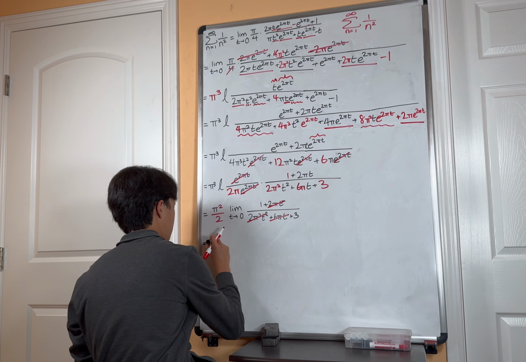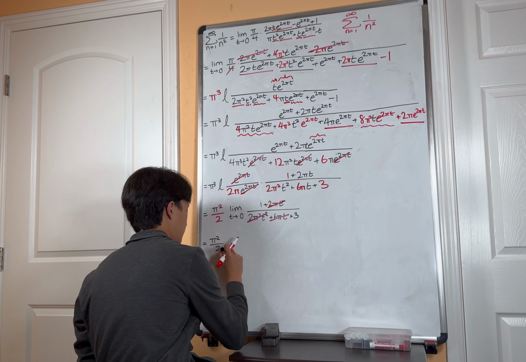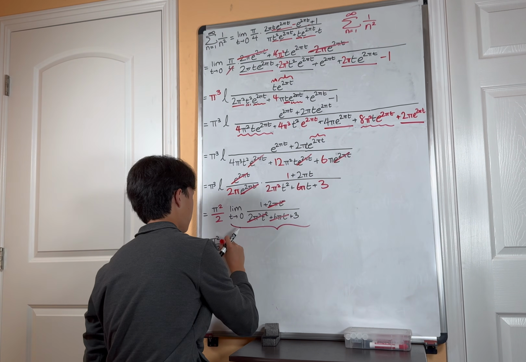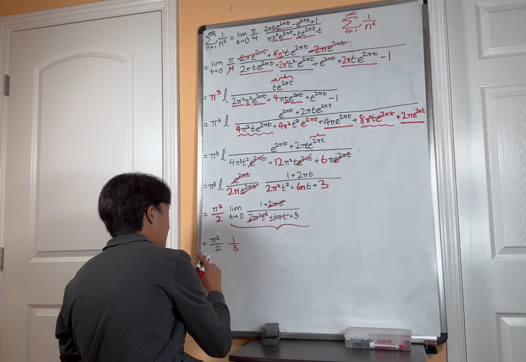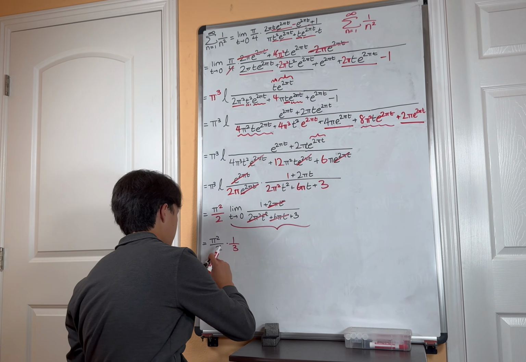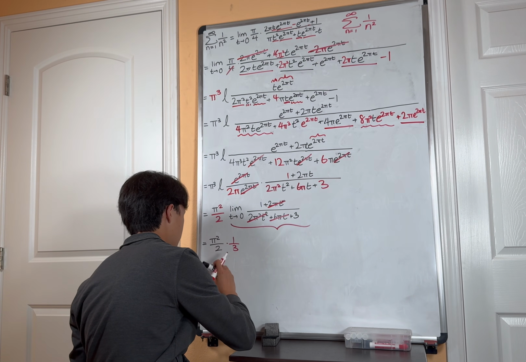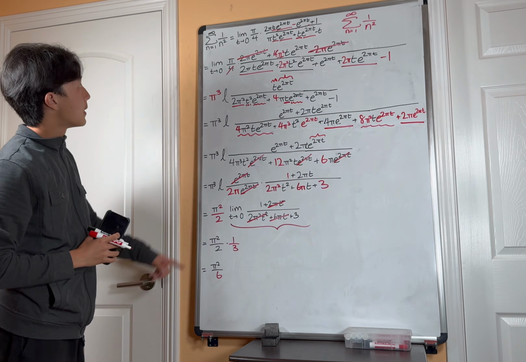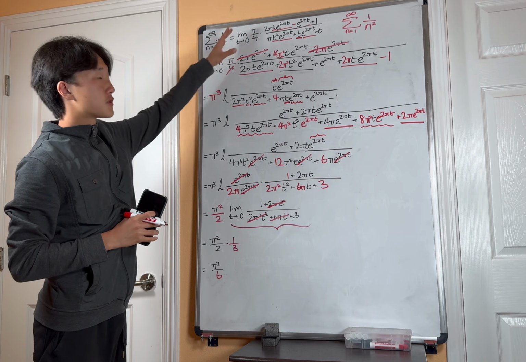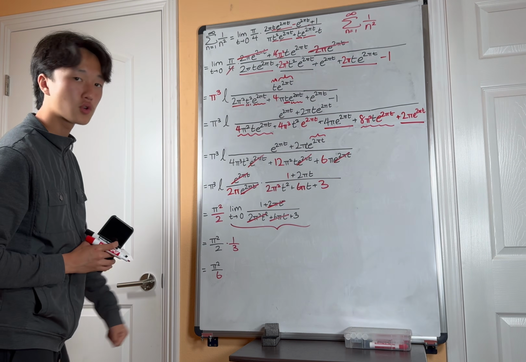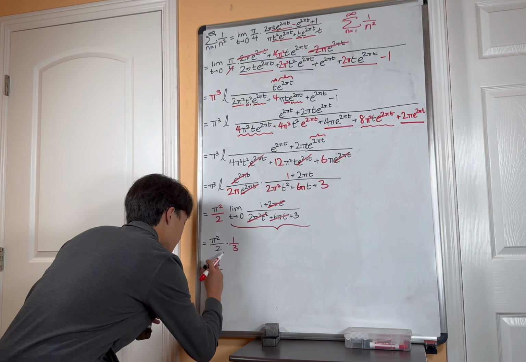So this is pi squared over 2, and then this whole guy right here evaluates to 3. Okay, and then finally, 2 times 3 in the bottom gives us 6. So pi squared over 6. So we saw that this right here, using L'Hopital's rule a few times, ends up giving us pi squared over 6. So that's pretty cool.